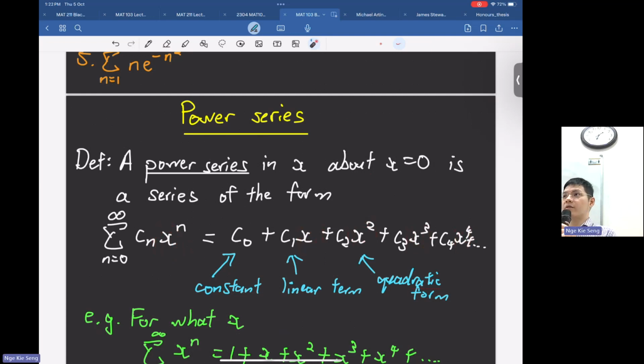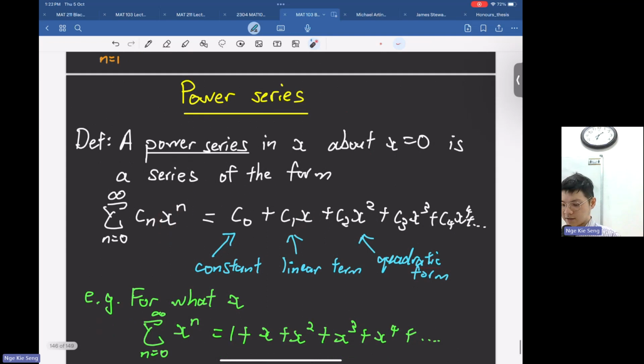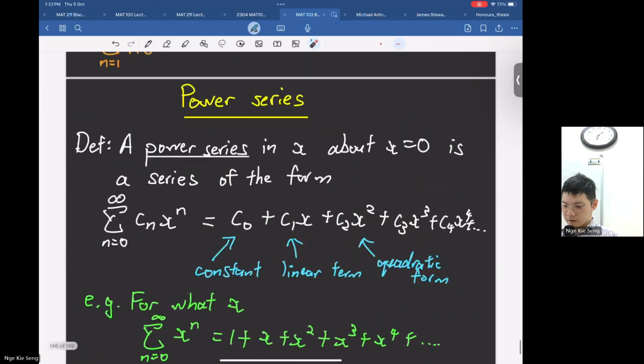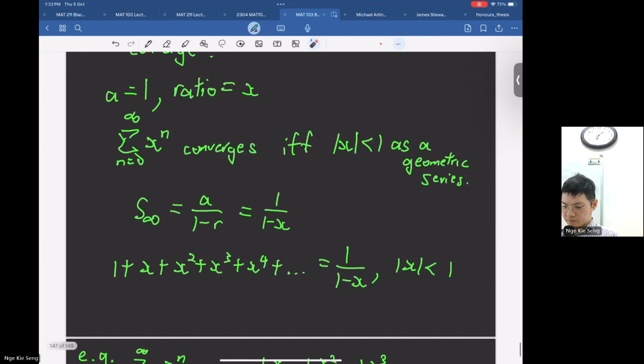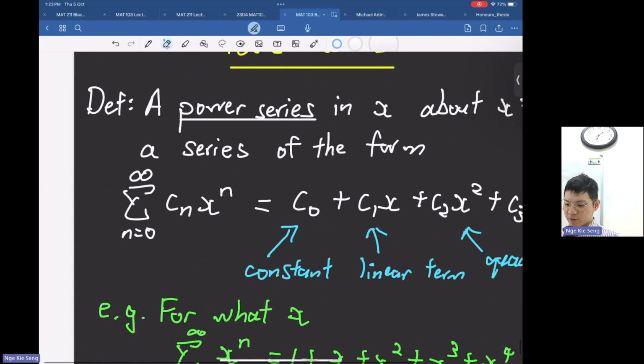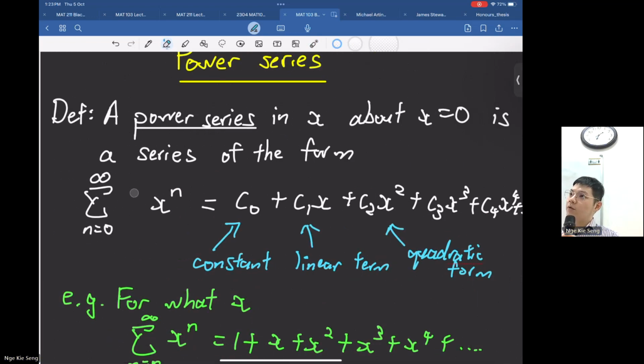Is anyone confused about why we suddenly got an x? Previously we only had numbers, integers. Now we got this extra x, which lives in the reals. Notice that in this power series, we can change Cn and we can also change x.